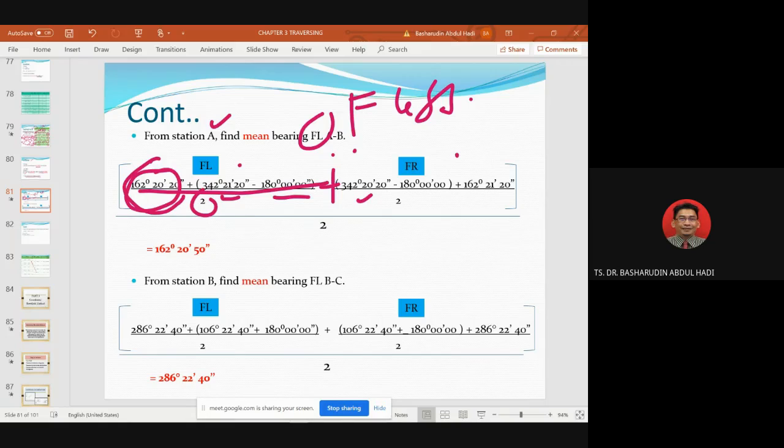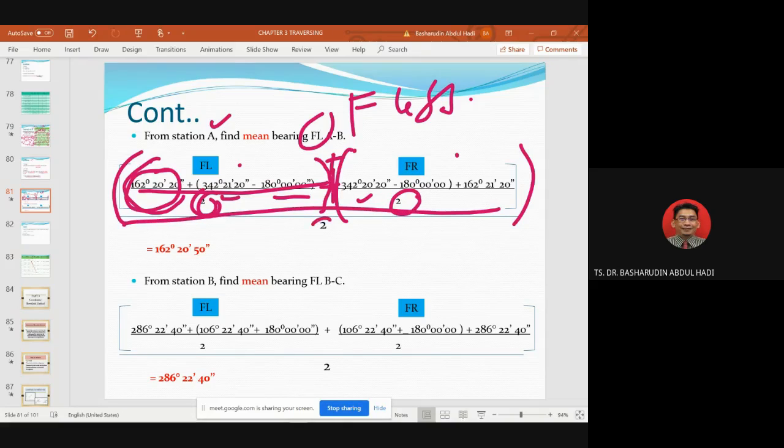This is the face left section and this one is the face right section. So for both we do a mean, because we divide by 2. And after we get this reading, again we plus here, and then again we divide by 2, because this one is the mean bearing.